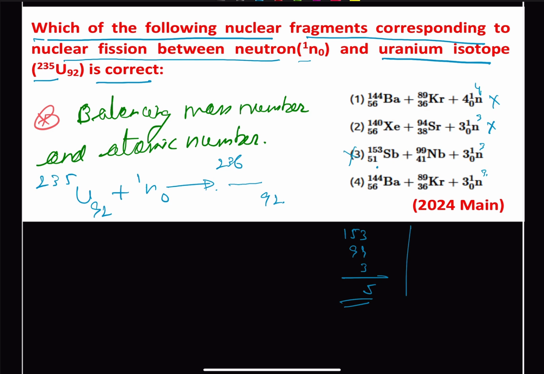and we are left with this 144, 89 and 3, so this comes as 56, 36 and 3, and so option number 4 will be our correct. 144 Ba, 89 Kr 36, plus 3.